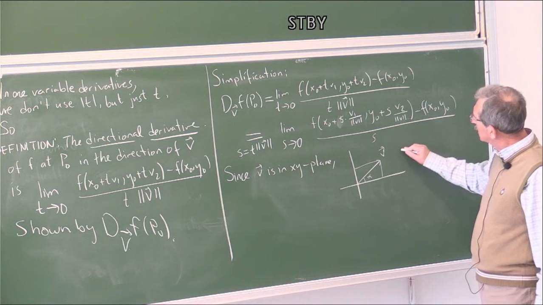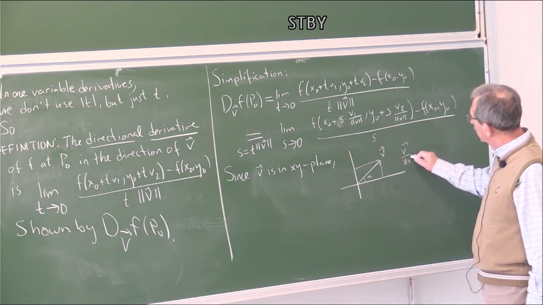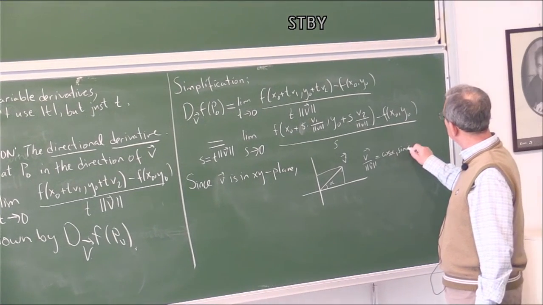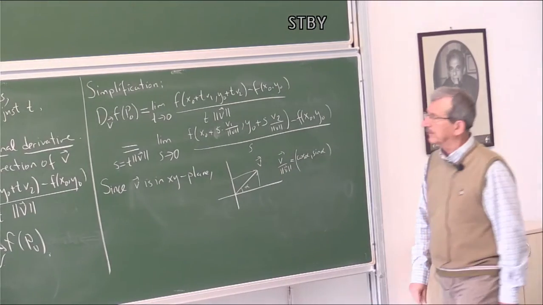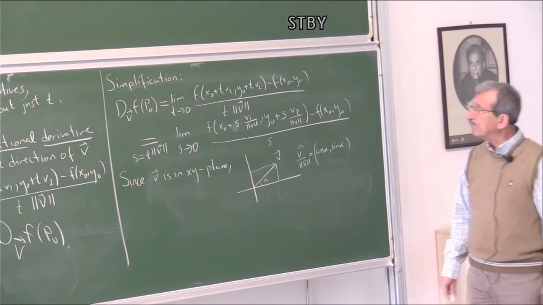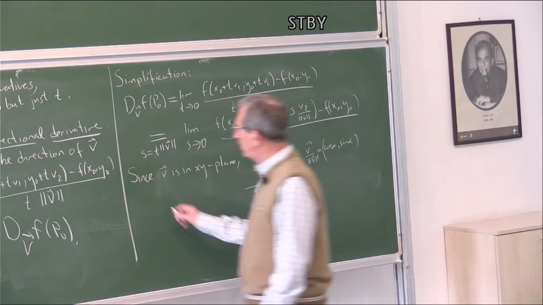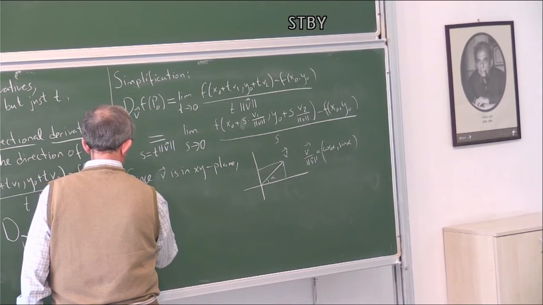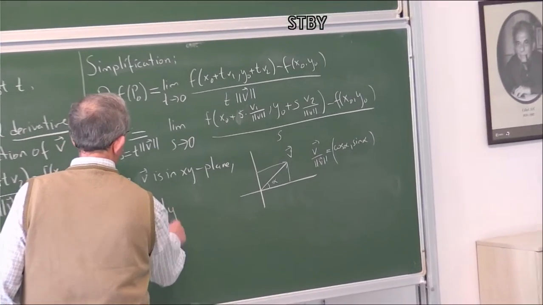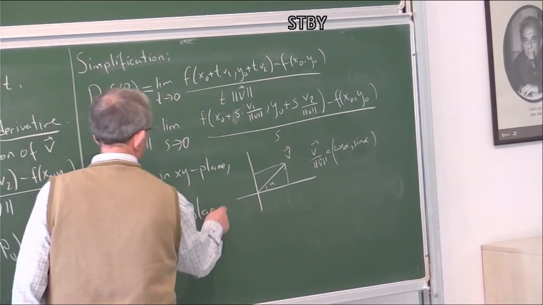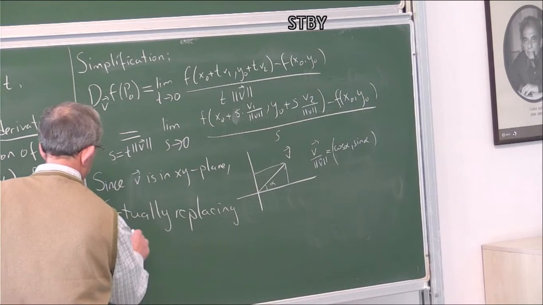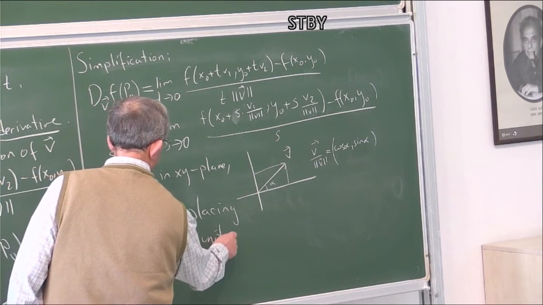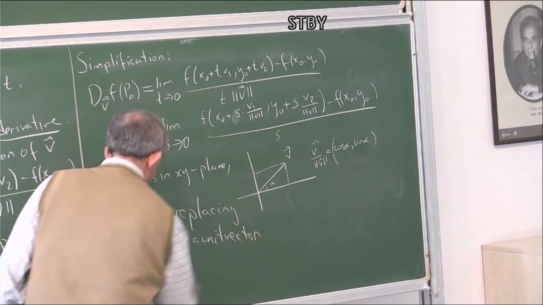So we can write V over length V as cosine alpha, sine alpha in the plane. So, okay, that is actually replacing V with a unit vector in the same direction.